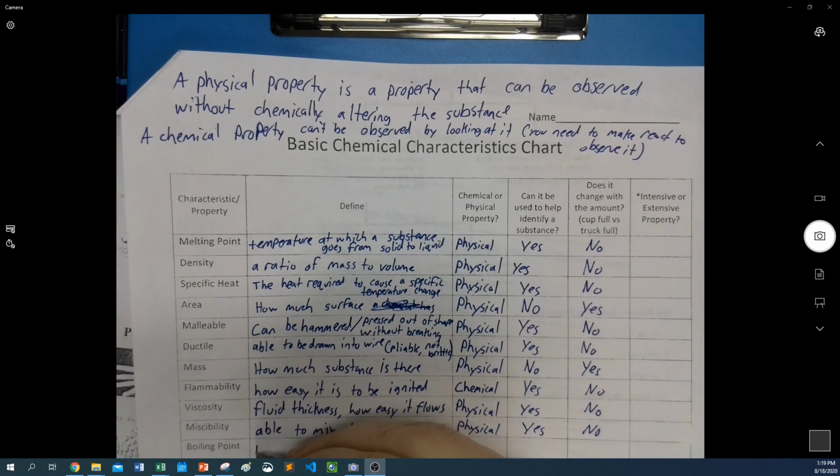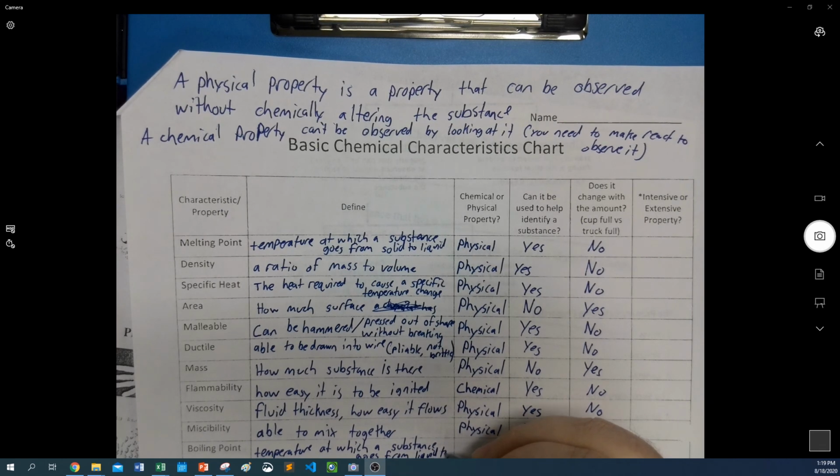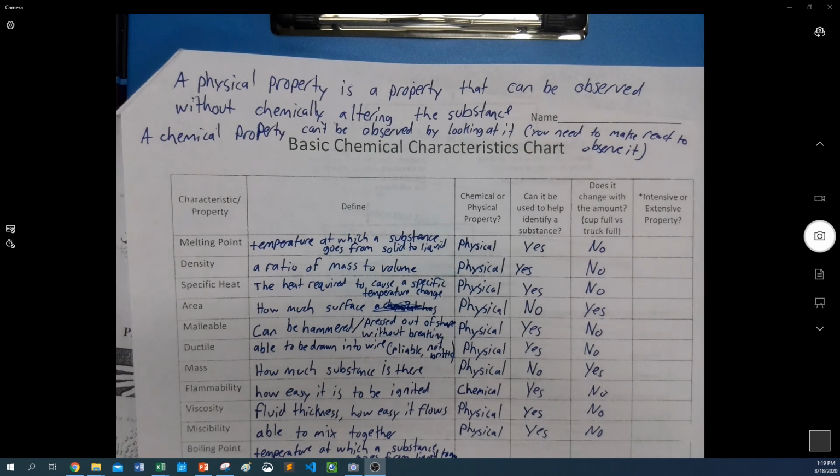Boiling point is the temperature at which a substance goes from liquid to gas. And this is, again, a physical property.